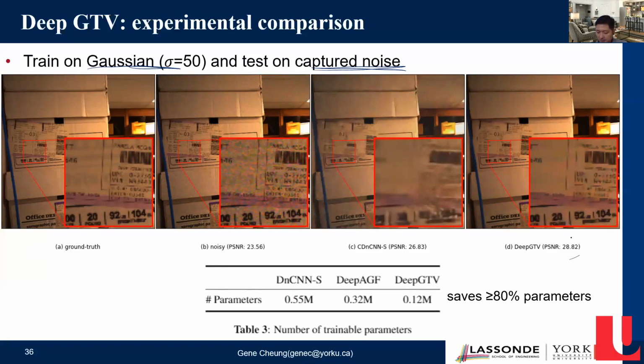We do better than DnCNN in terms of PSNR, and you can see quite clearly that visual performance is also better. My student's implementation in this case uses even fewer parameters than the previous implementation. Compared to DnCNN, we save up to 80% of the parameters. So your CNN is significantly smaller than what you started off with in DnCNN.